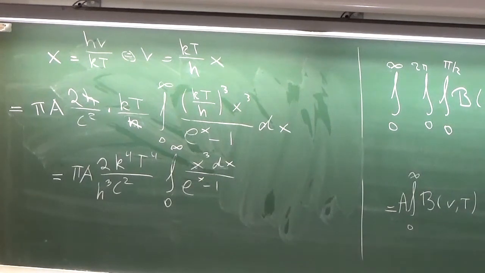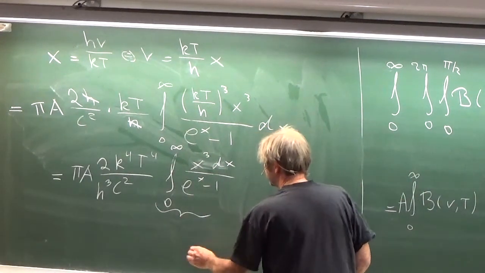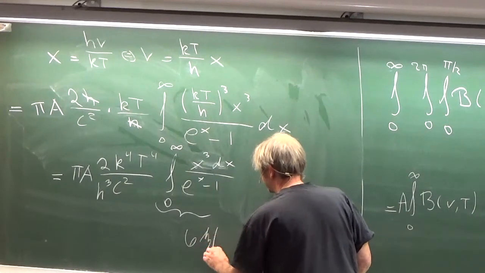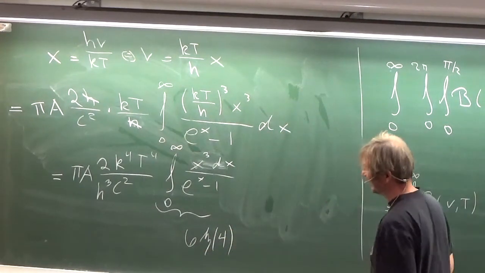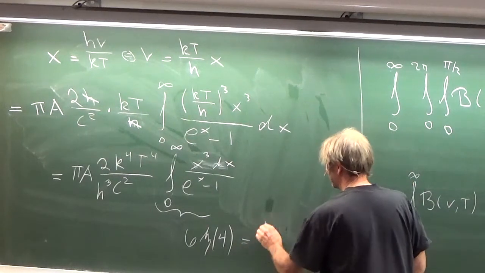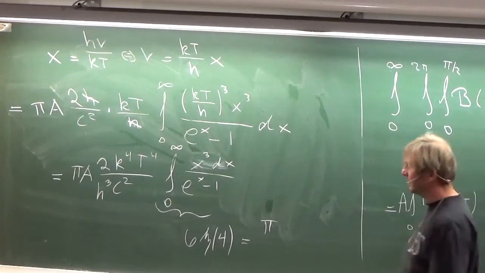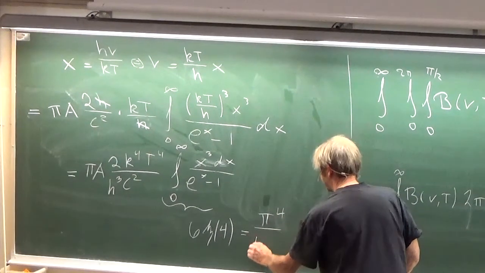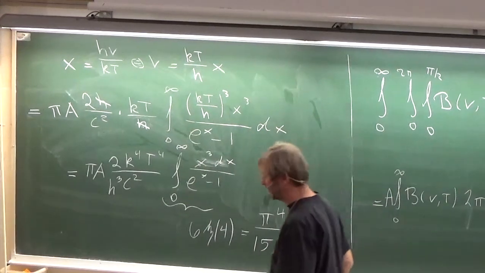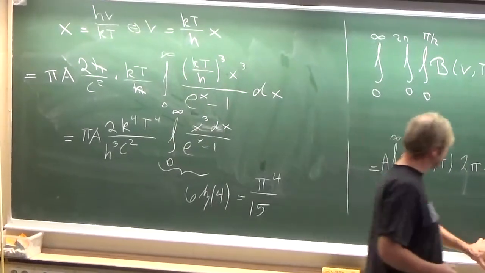Like that. This last integral is, well, we can't calculate it by taking the antiderivative. It's called the Bose-Einstein integral. And actually it equals 6 times the zeta function of 4, which you can calculate, for instance, by using Fourier analysis in Math 4. This is pi to the fourth power divided by 15.